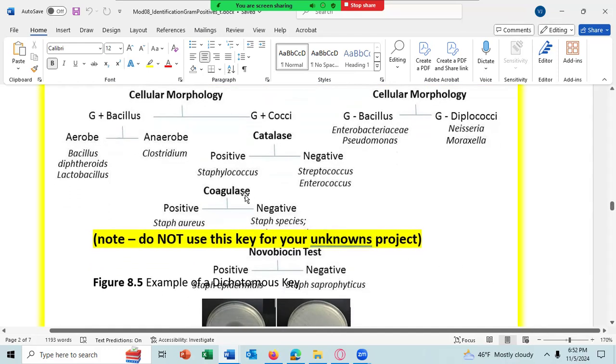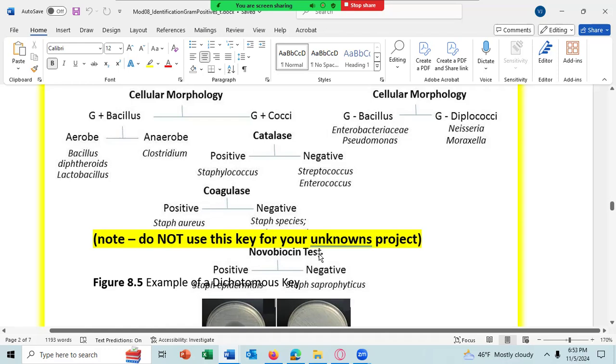The next test would be the coagulase test, coagulase positive and coagulase negative. If the species is coagulase positive, it's Staphylococcus aureus. If it's coagulase negative, it's another member of the Staphylococcus family that is not Staphylococcus aureus. And then you can do the novobiocin test.